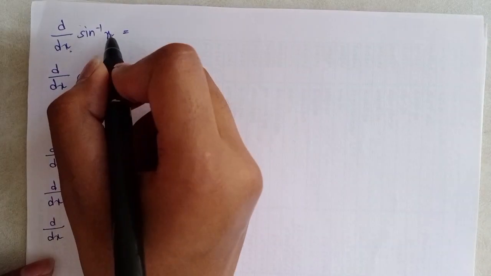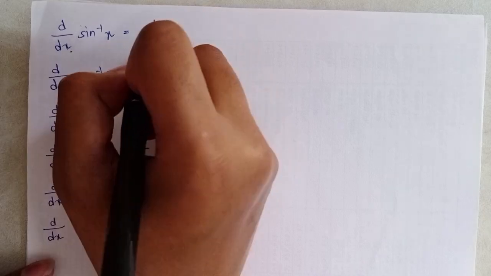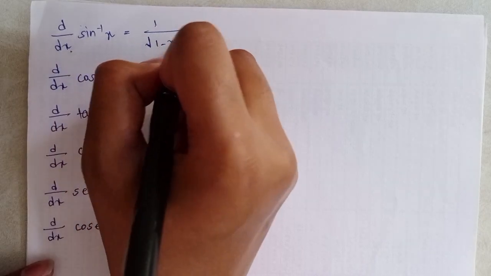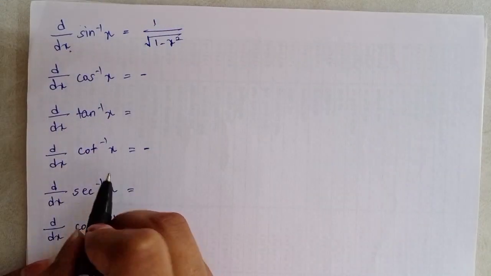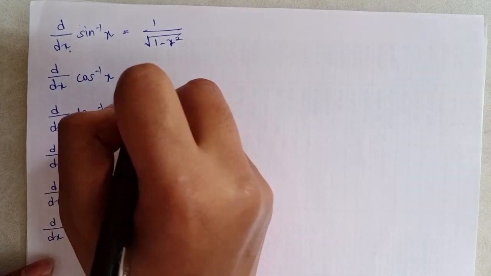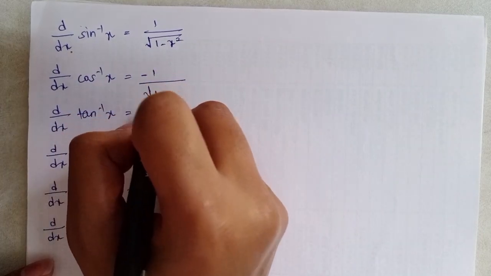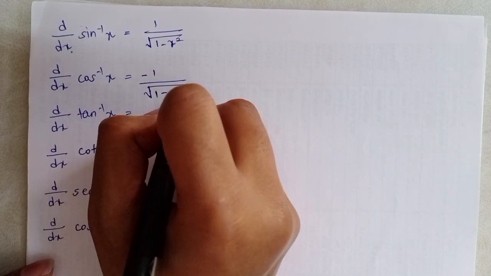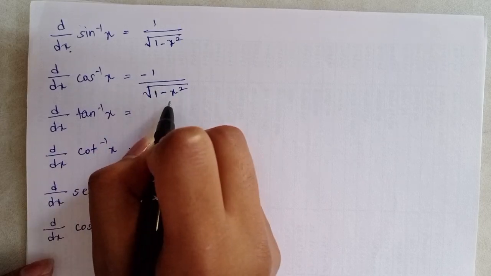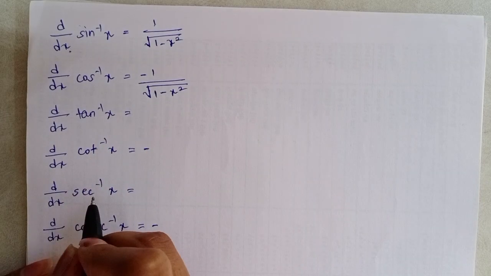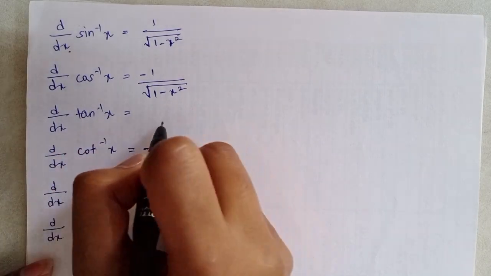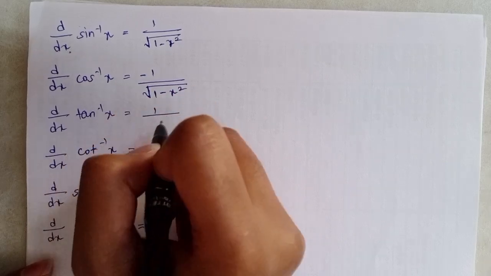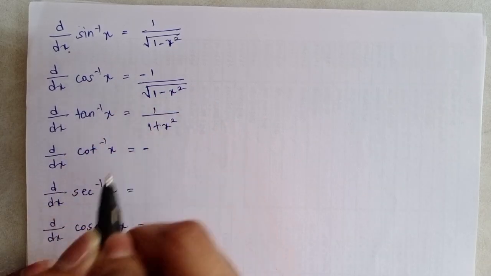Derivative of sine inverse x is 1 upon under root of 1 minus x square. For cos we have the same answer, only thing is it will be negative. So derivative of cos inverse x is minus 1 by under root of 1 minus x square. Derivative of tan inverse x is 1 by 1 plus x square.